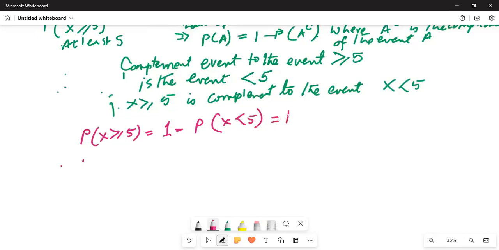Or it is 1 minus probability of 0 plus probability of 1 plus probability of 2 plus probability of 3 plus probability of 4.